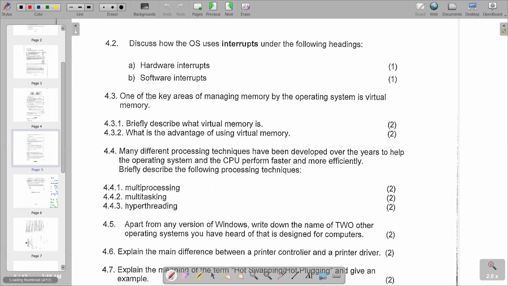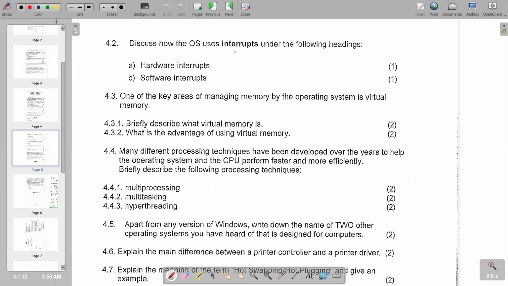So go to the second part of our question, which is 4.2: discuss how the OS uses interrupts under the following headings. So obviously we put OS, operating system. For the first part we put hardware interrupts, one mark, and on the second part we have software interrupts.